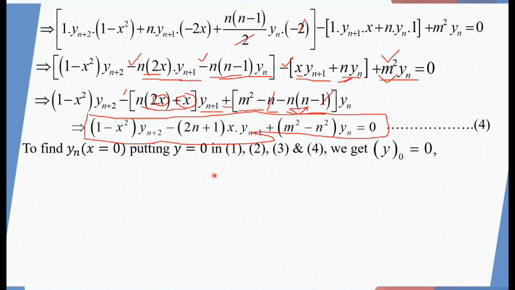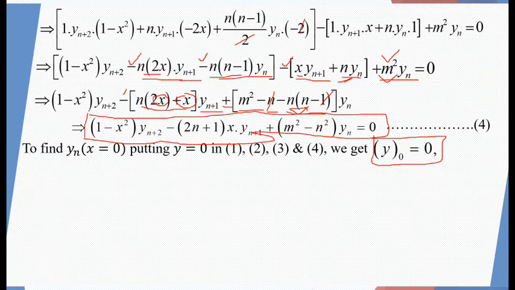When we put it in equation 1, the given problem, y equals to sin(m sin inverse x), at x equals to 0, sin inverse 0 will be 0, and sin 0 is also 0. So the value of y0 is 0.